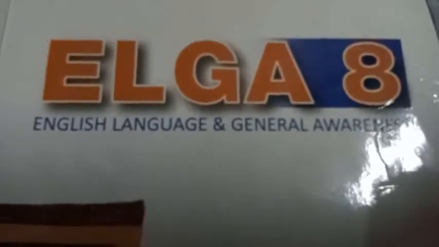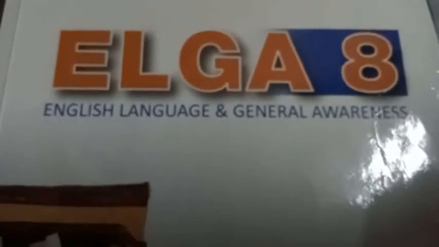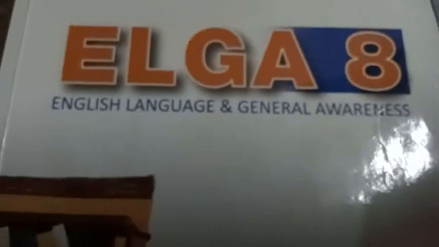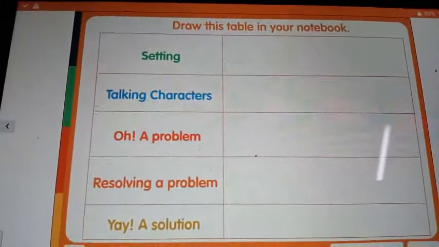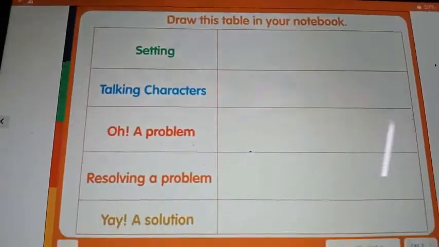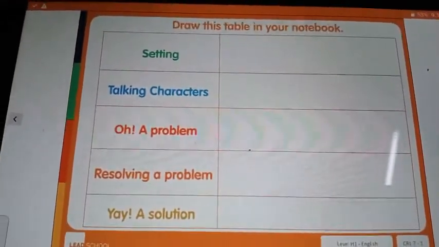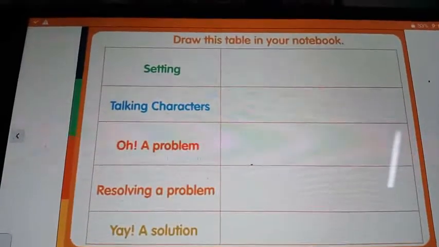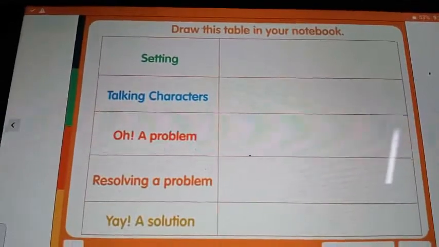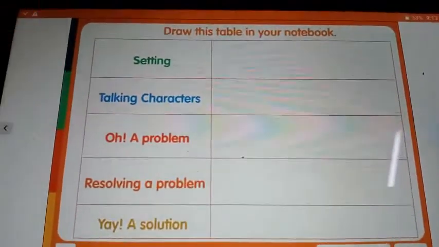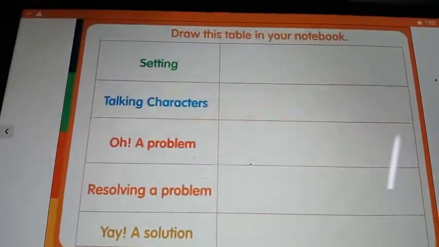So my dear children, today you are going to draw some things about the Cinderella story, okay? In your notebook you have to draw the settings, talking characters, a problem, resolving the problem, and a solution, okay? Just think and draw.